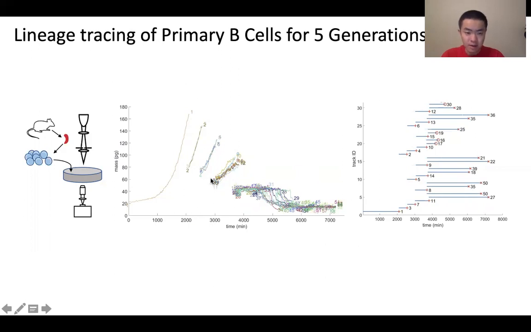And then from the mass profile, we can assign 2 daughter cells to each parent cell. After that, we can apply the tree traversal algorithm, which generates the lineage tree from the mass data.